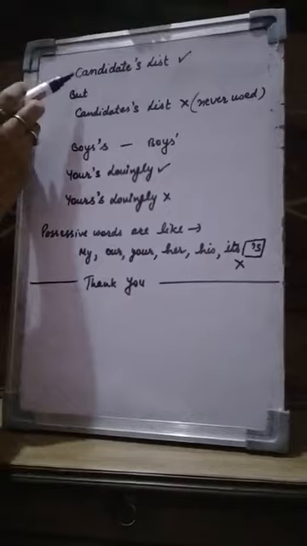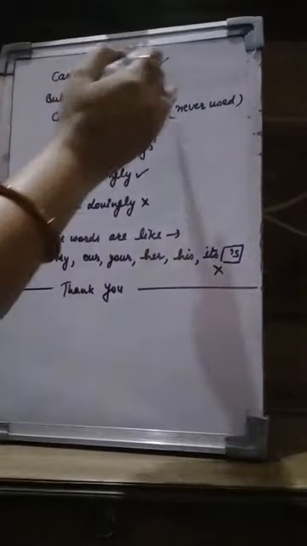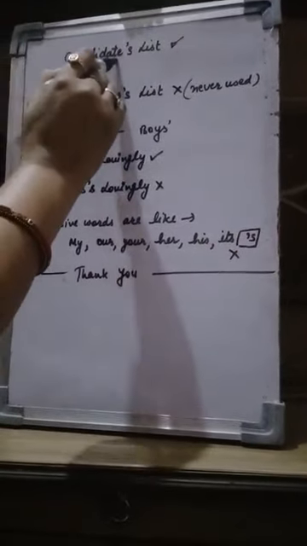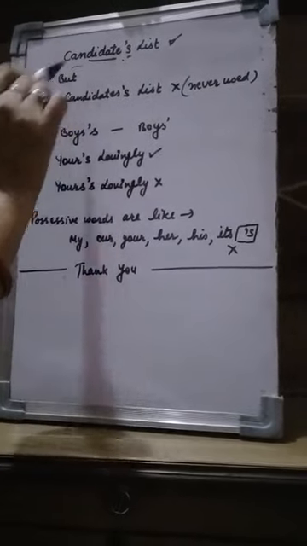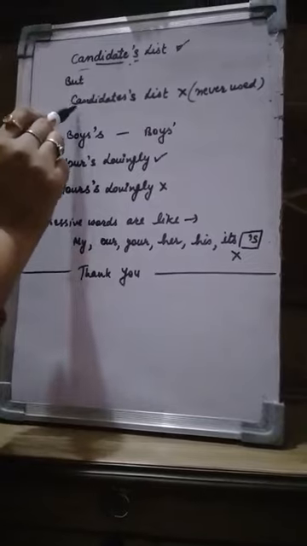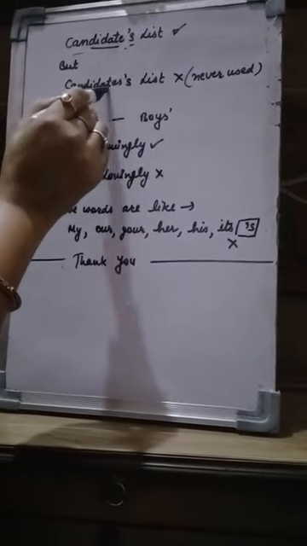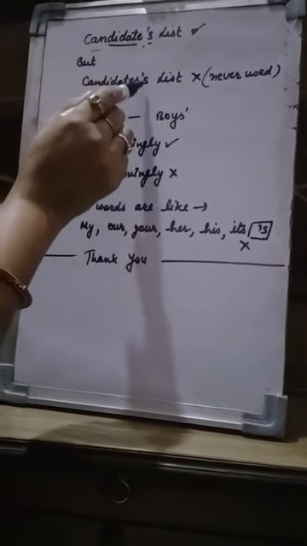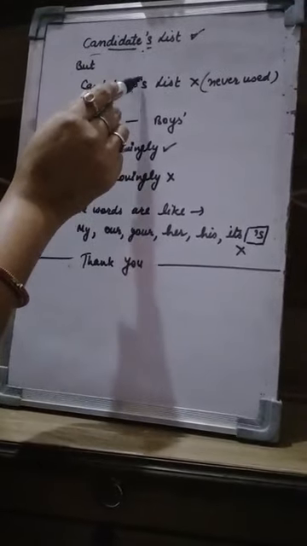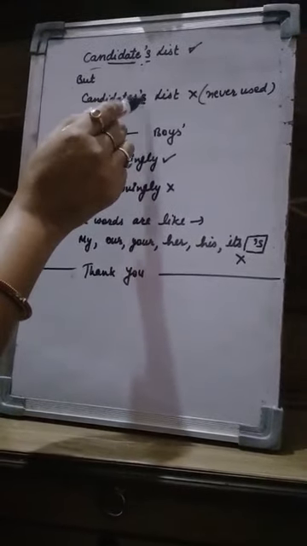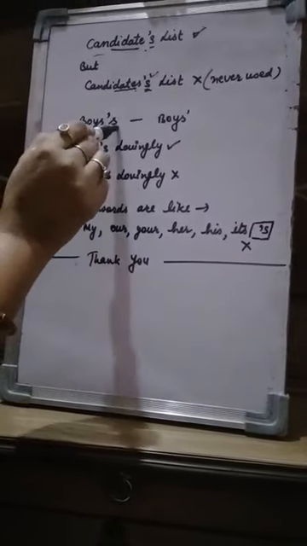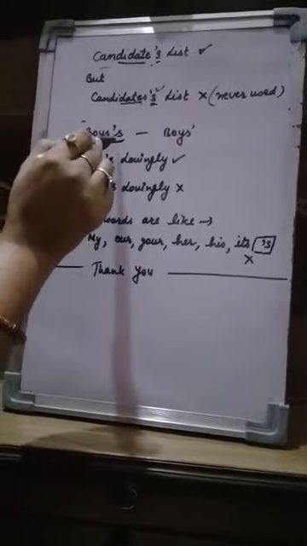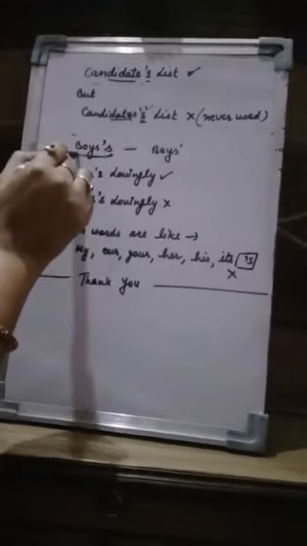As in candidate's list, it is right because we have a singular noun and we use an apostrophe with the noun. But in the other case, candidates' list, it is a plural noun, and there we don't use the extra s, so we avoid the hissing sound. As with boys, we never use the hissing sound, we use boys'.